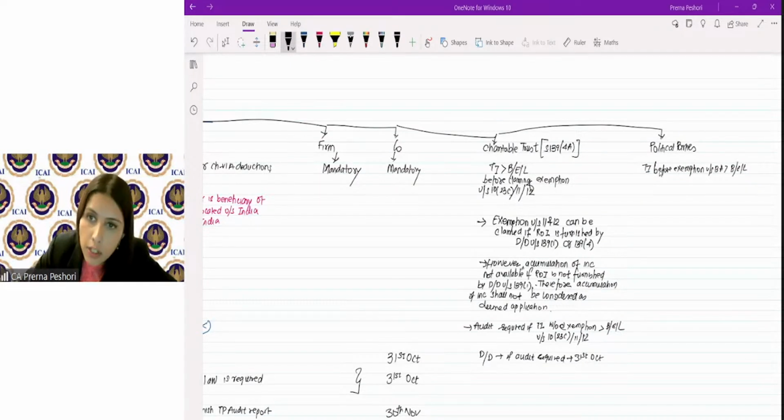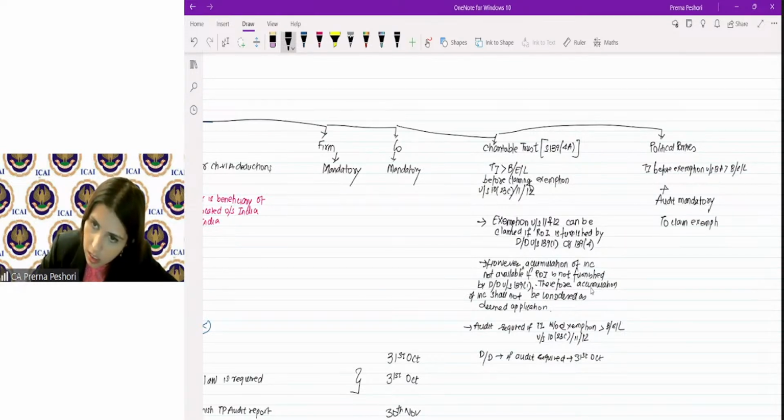So here the audit is mandatory. To claim exemption, the return of income must be filed by the due date under Section 139(1).